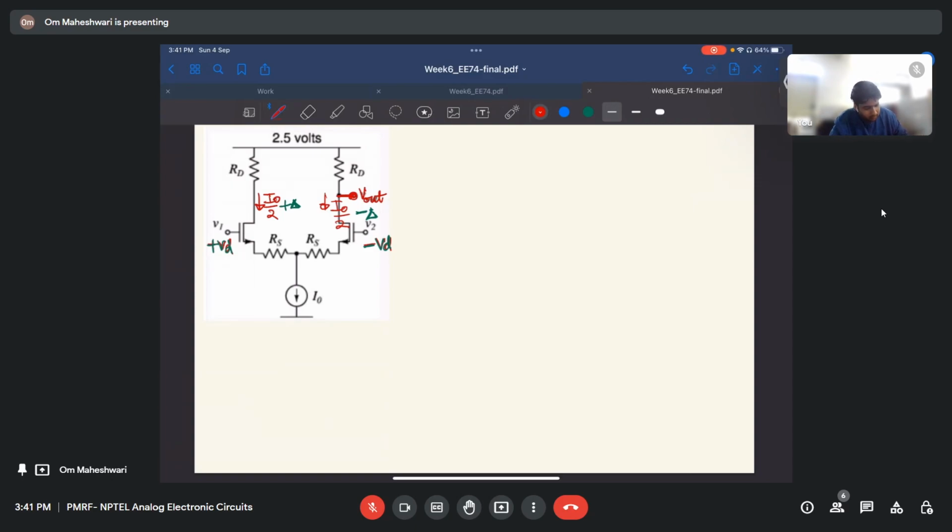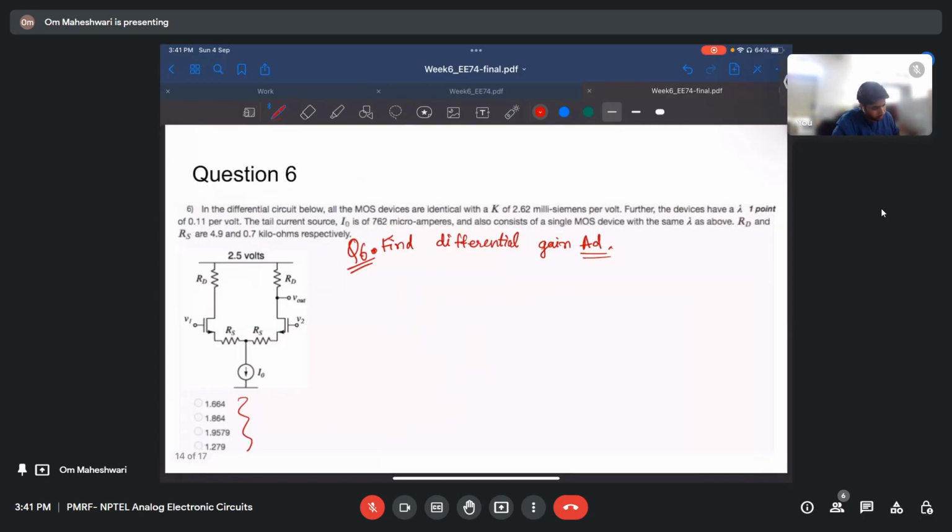Okay. So first, let ID equal to, we know, GM VGS plus GD VDS for NMOS. So let us do the analysis for this transistor first. So delta equals to GM. One thing we have to see is if the GM will be same.